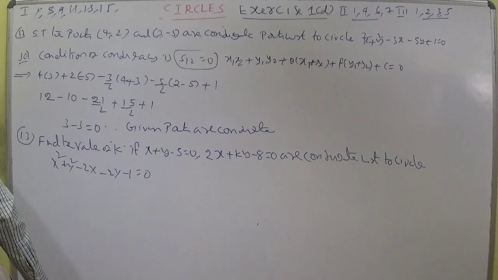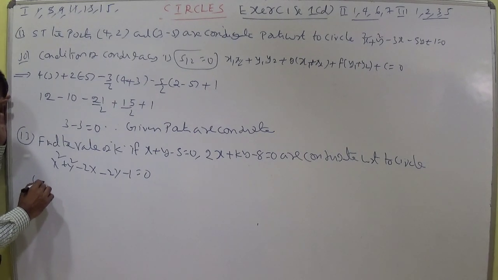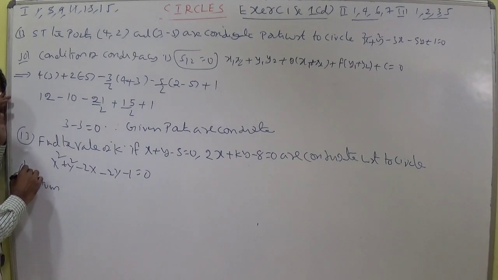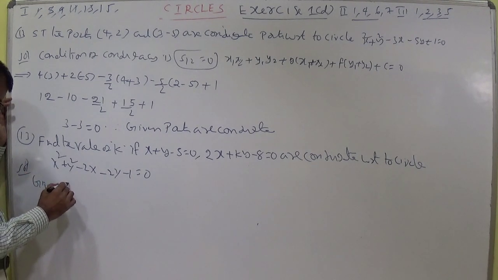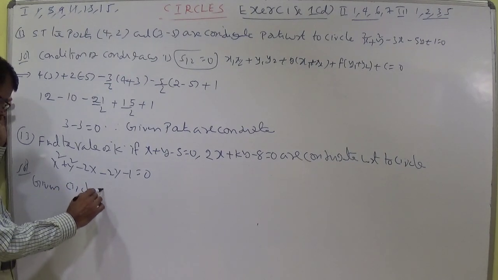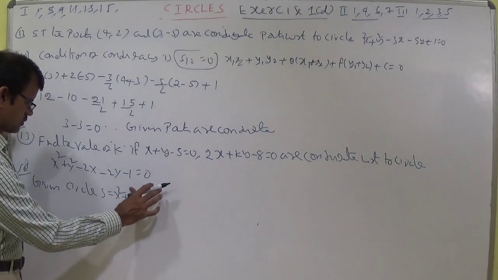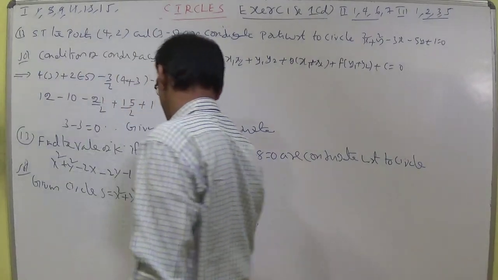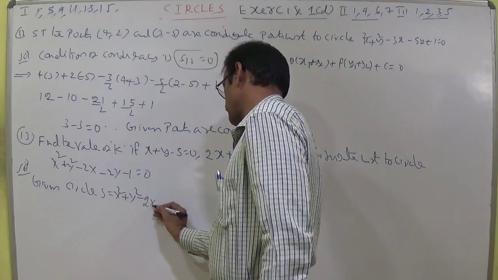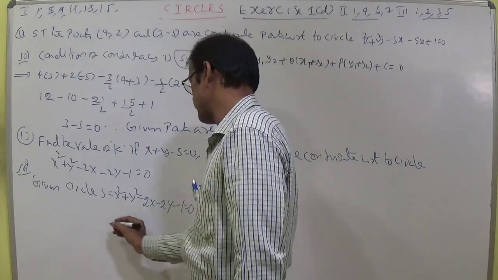If the lines are conjugate, I am giving a detailed explanation to you because this is a 4 marks important question. Given circle S: x² + y² - 2x - 2y - 1 = 0.